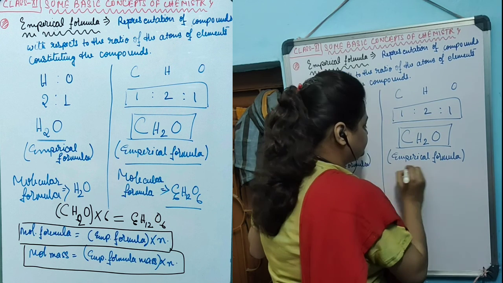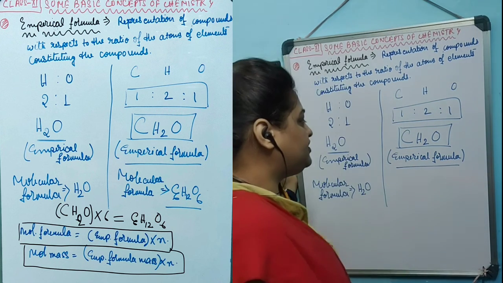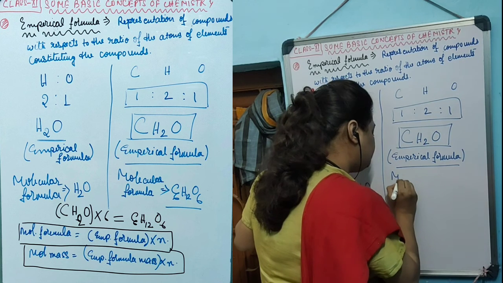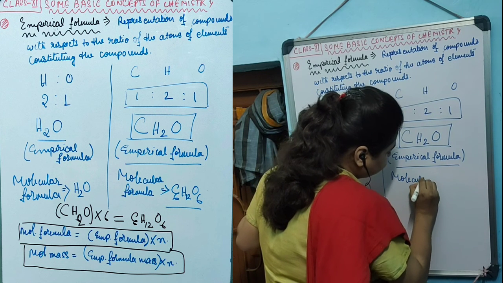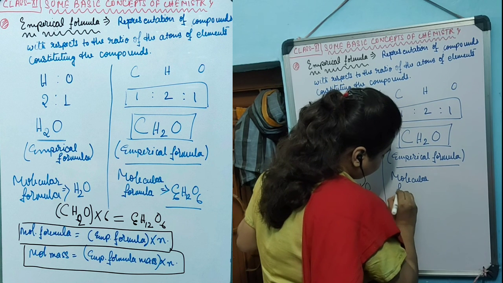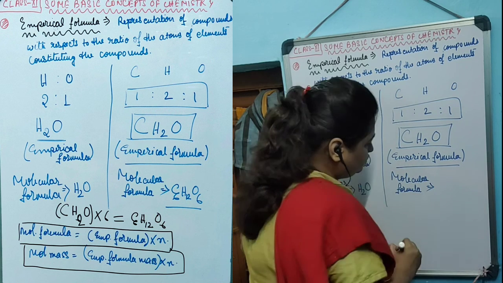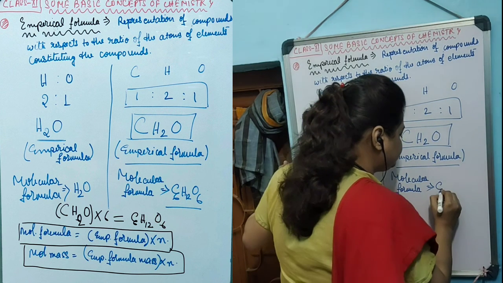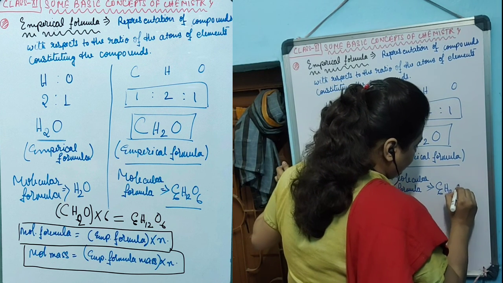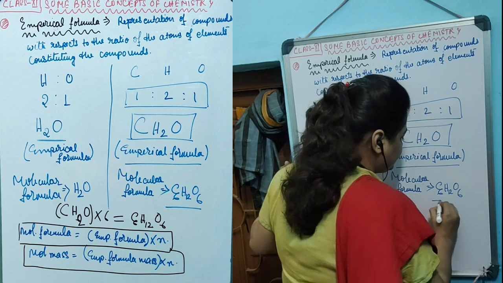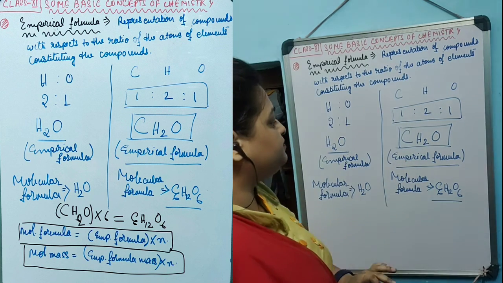for glucose. But now if I tell you to write the molecular formula of glucose, then you will write C6H12O6. This is not the empirical formula.